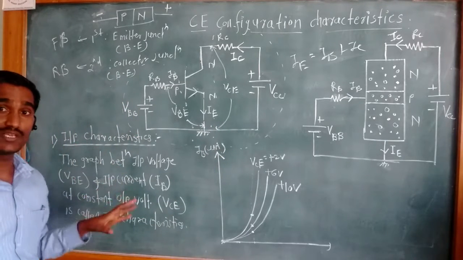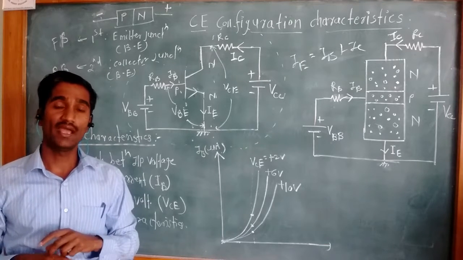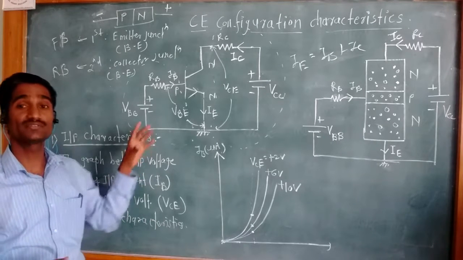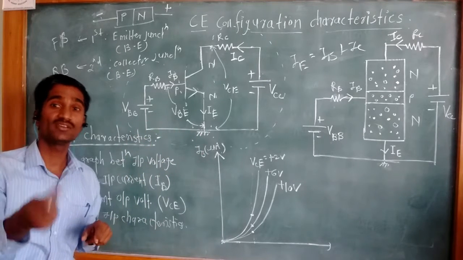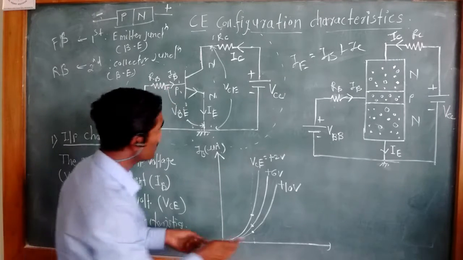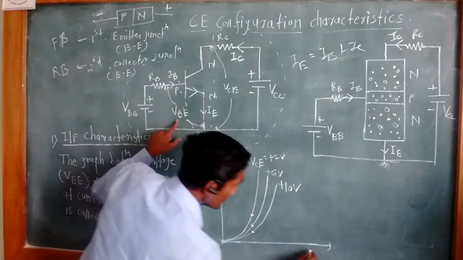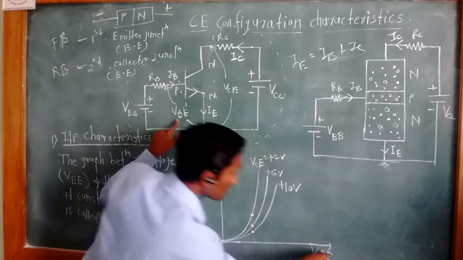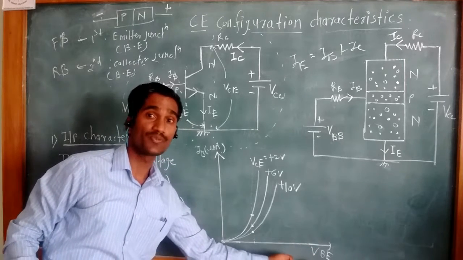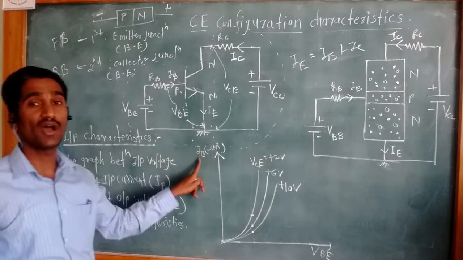So in this input characteristic, we plot one graph. What is this graph? The graph is nothing but the input voltage versus input current at constant output voltage. So we take the input voltage VBE on the x-axis, and see the effect of VBB on the input current IB.